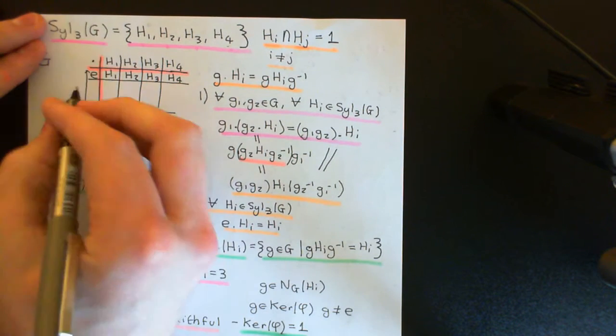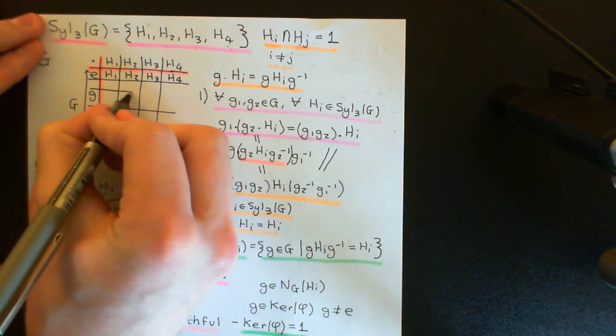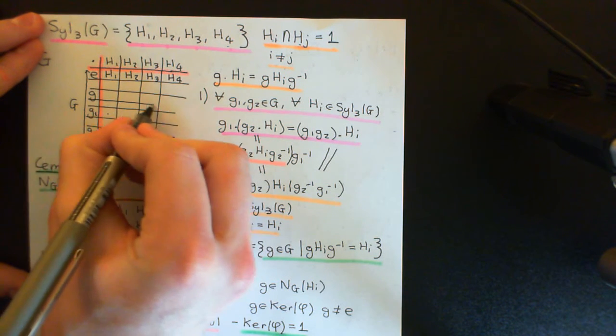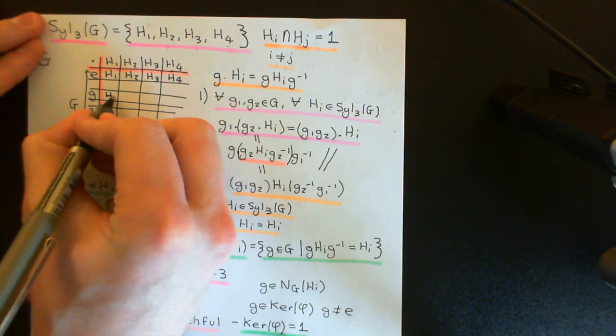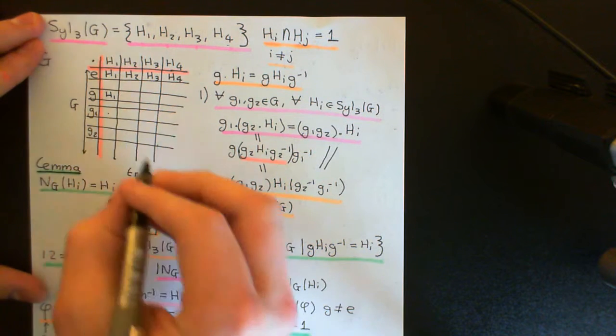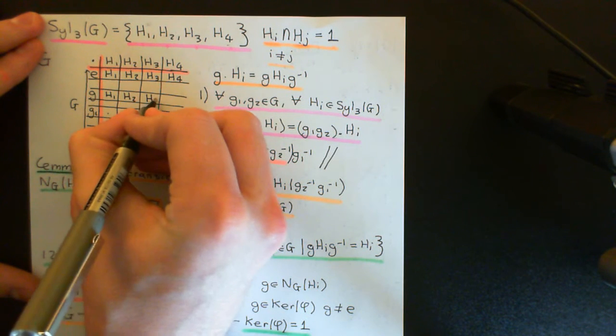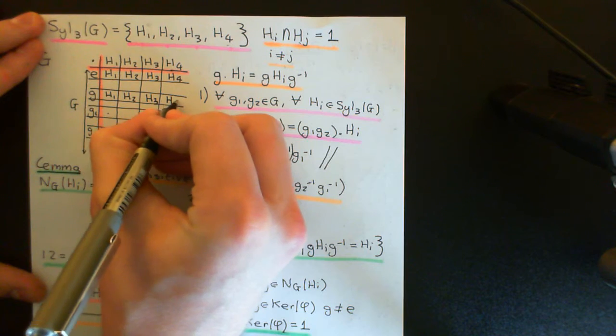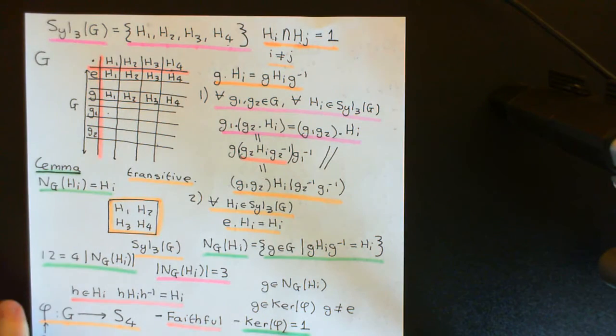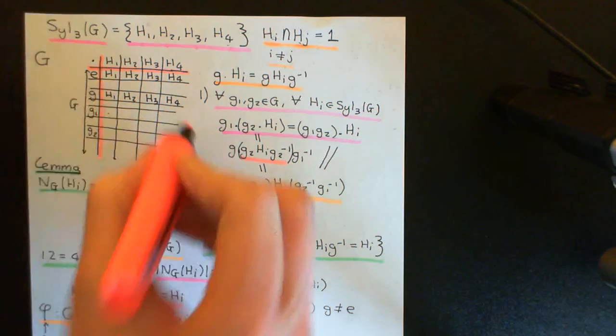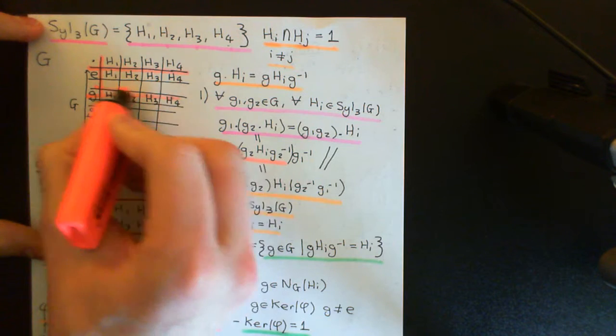If I draw this on the page, what we're trying to argue is that there cannot exist a little g that is not equal to the identity which sends every single one of these onto themselves. So h1 is sent onto h1, h2 onto h2, h3 onto h3, h4 onto h4. I want to prove that this cannot exist, so I'll draw a cross for it.